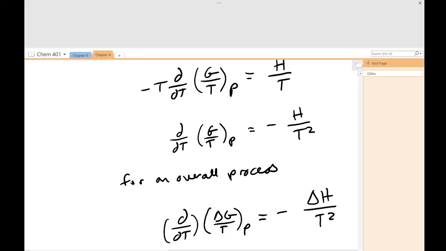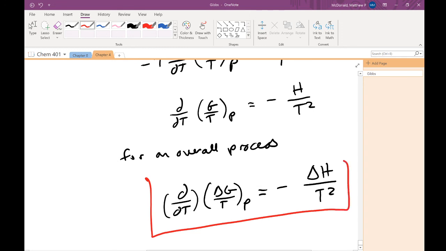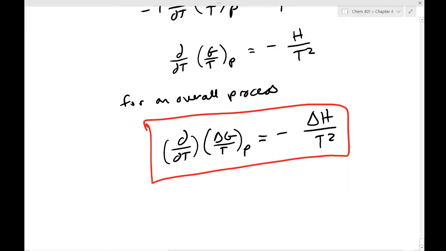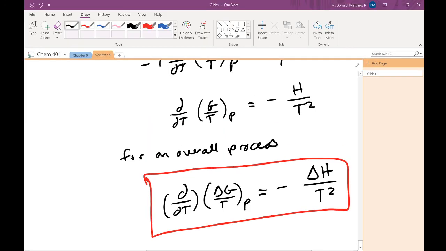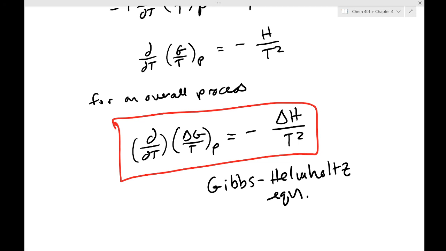Now this is an important equation, and so it gets its own name. This is known as the Gibbs-Helmholtz equation, and it relates delta G and temperature to delta H and temperature.